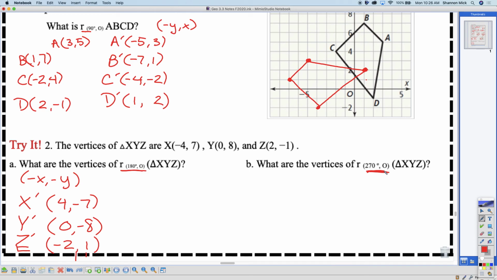Okay, what's my rule for 270? Y, negative X. So do it. Wait, are we still visiting the one? Like, there's a picture of it? Your homework? Yes. Homework, not the notes.